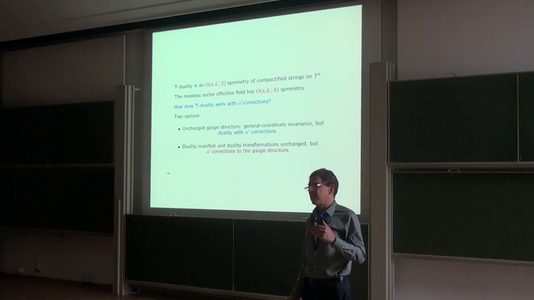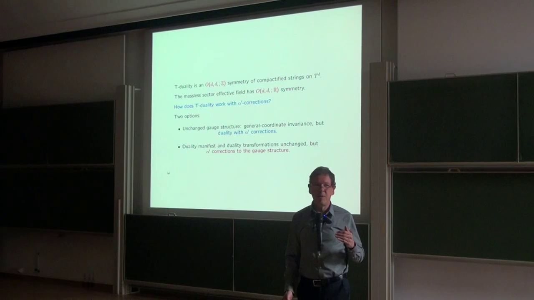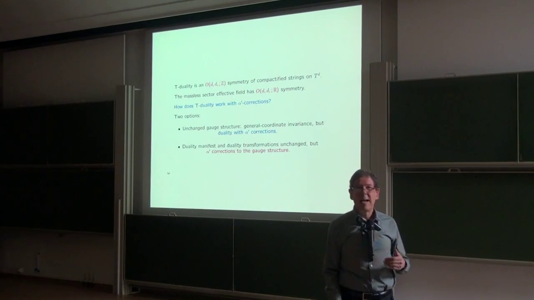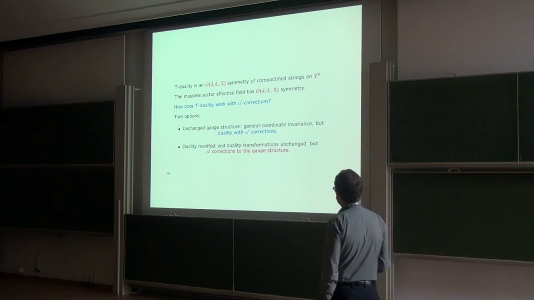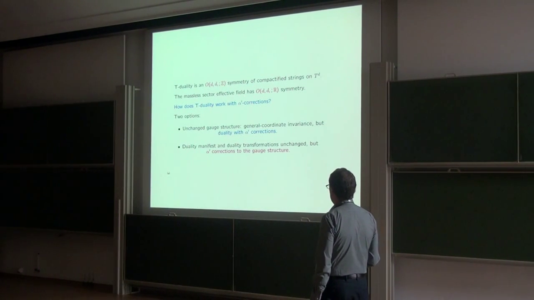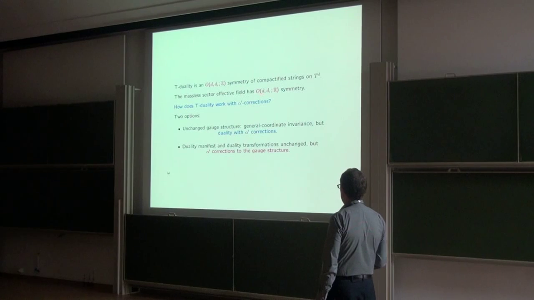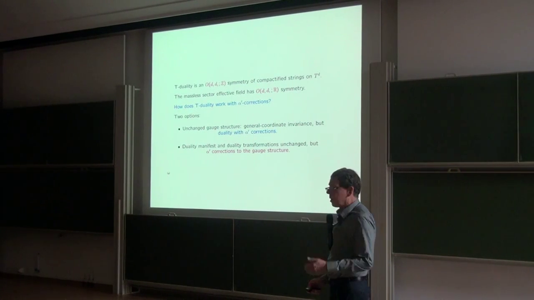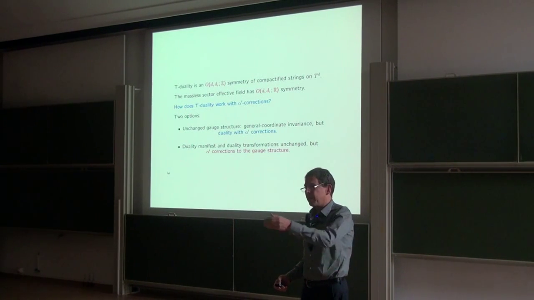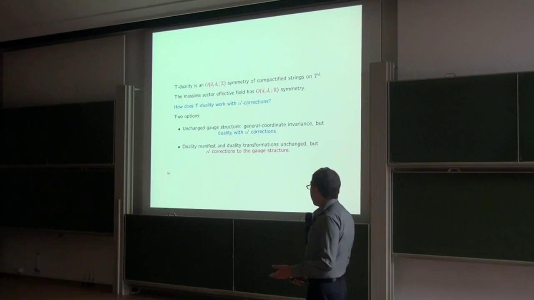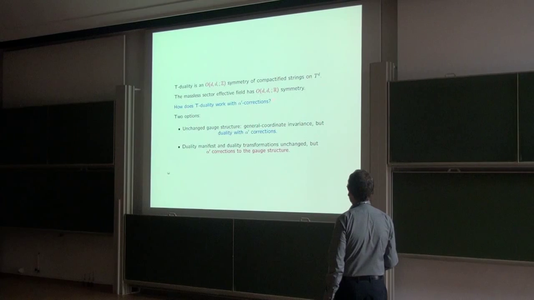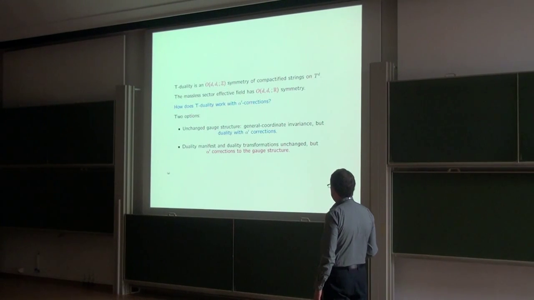So the massless theory, the effective field theory of the massless fields, has a larger symmetry than the full string theory. This symmetry, of course, would be broken by quantum corrections, but we're talking supergravity plus alpha prime, which is classical string theory, and that much will have this O(d,d) symmetry.